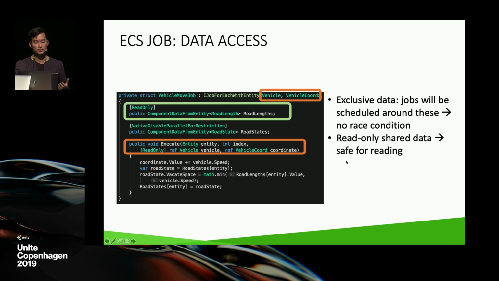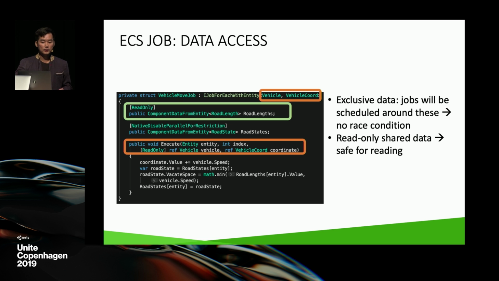Sometimes, in order to make things happen, you have to perform random access reading from so-called component data from entity. Random access is discouraged in Unity ECS because it kind of violates memory locality, so it reduces cache efficiency. But there's a trick to recover that.